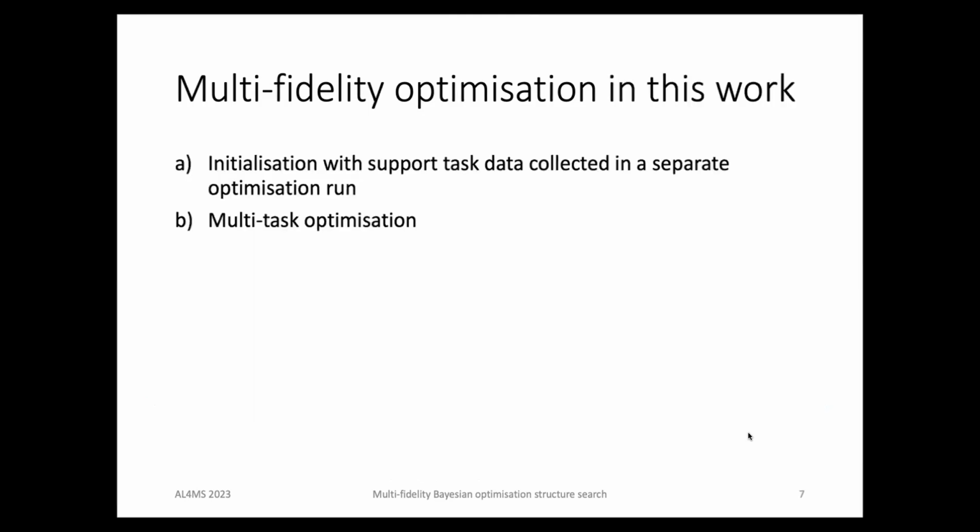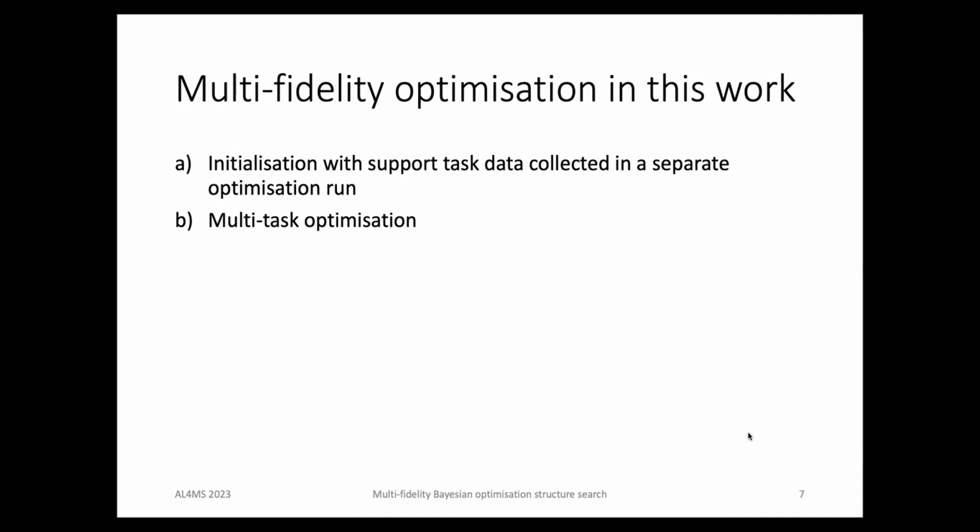And in this study, we look at two approaches, but now I have to mention that when we talk about these unknown functions associated with the different energy calculation methods, we call those tasks, and we separate between the target task that we want to minimize and the support tasks that we use as auxiliary information sources. I hope that is clear.